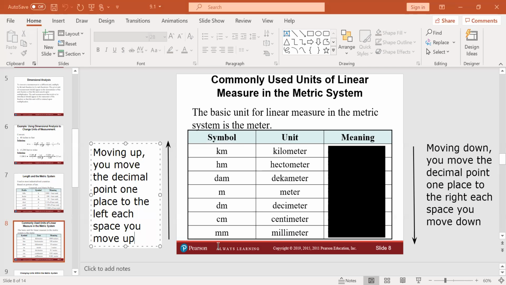If I move up from millimeters to decameters, that's 1, 2, 3, 4 places up the chart. Thus, I would move the decimal point to the left 4 places. That's how I can convert from one metric unit into another.